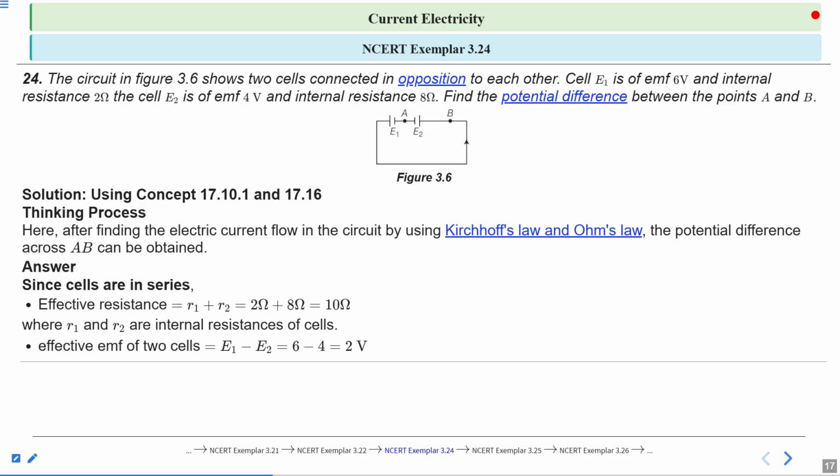So the EMF of the second cell is cancelling or reducing the effect of the first cell. Due to the first cell, EMF is 6 volt, but due to the second cell, it is minus 4 volt. So it is decreasing the amount of effective EMF of the two cells. So effective EMF of two cells is E1 minus E2, which is equal to 6 minus 4 equal to 2 volt.